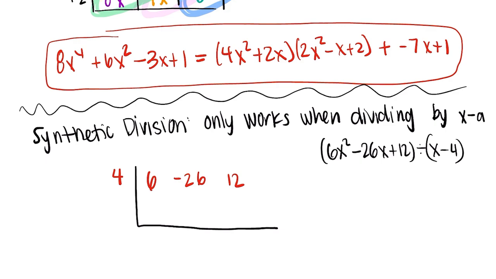So once we have it set up, how did we start? What was the first thing we did? So I'm going to take that 6 and drop it straight down. We're always going to have that first number be part of my answer. Once we brought down the 6, what did we do with the 6 and the 4?